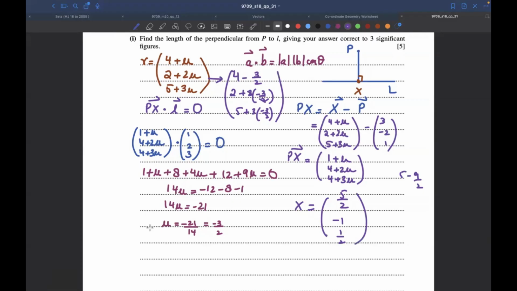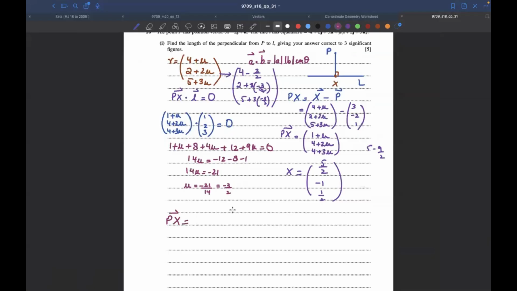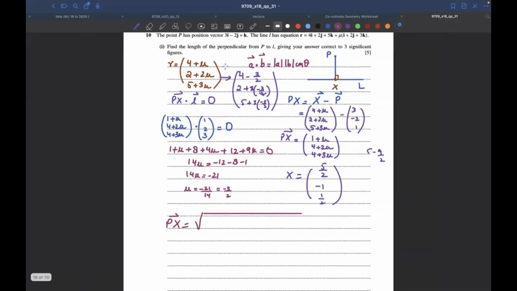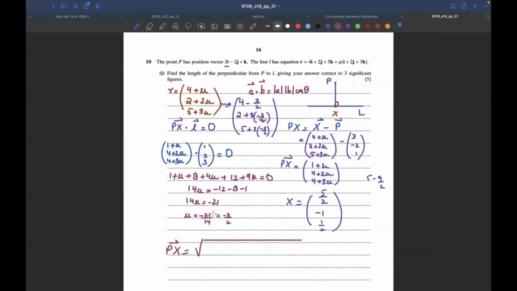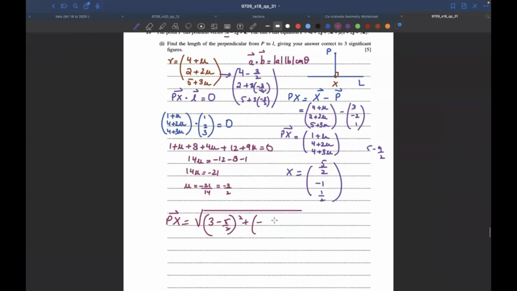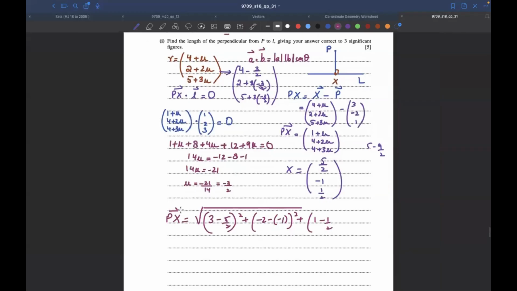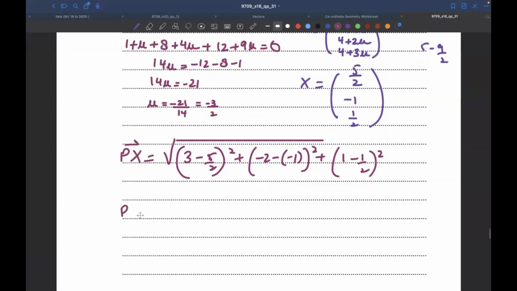Now we can simply substitute in the distance formula. The distance PX will be the square root of (3 minus 5 upon 2) squared plus (minus 2 minus minus 1) squared plus (1 minus 1 upon 2) squared. We can simplify and write it in decimal form as well.